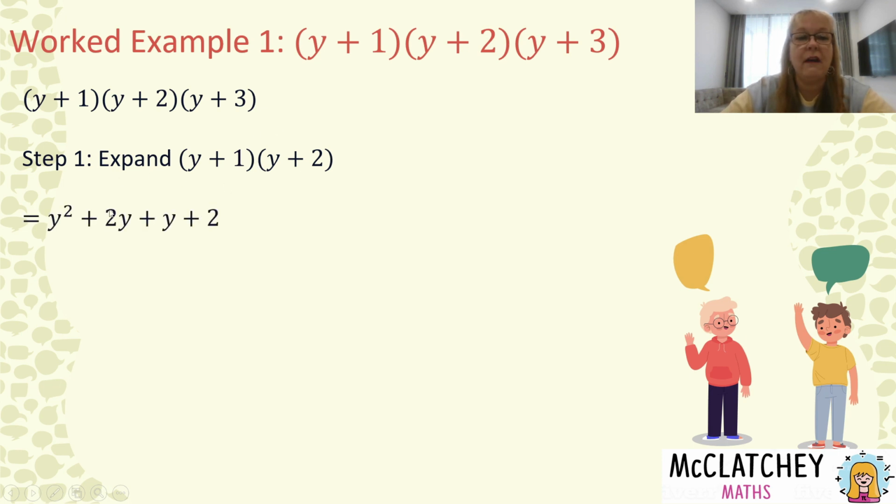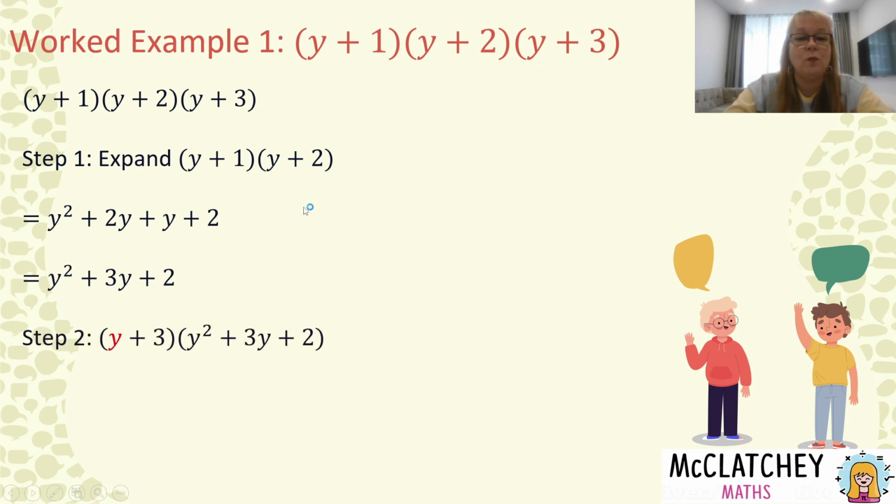So this is our answer after we've expanded these first two sets of brackets. Now what I need to do is collect the like terms. I've got two like terms here, 2y and y, makes 3y in the middle. So now I've done the first step, which is to expand the first two sets of brackets. Now what I'm going to do is put this into a fresh set of brackets, and I'm going to multiply it by my final set of brackets, y plus 3.